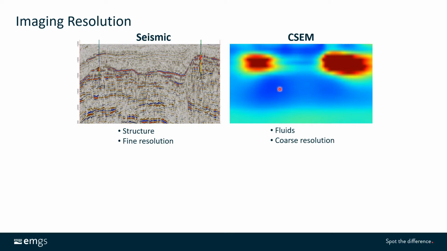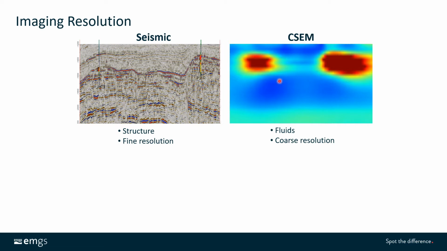Whereas CSEM is not really much more sensitive to structure, especially minor structure, but if there is some resistive structure like salt and basalt, it is sensitive to that. But one thing to which it is pretty much sensitive is the fluid type.